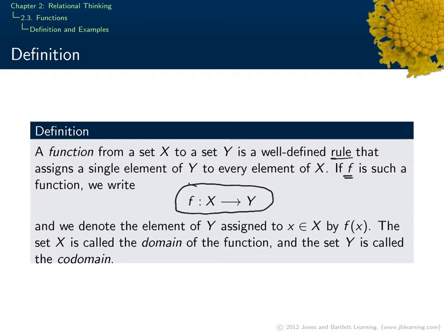Now further, if we have an element x in X, we let f of x denote the element of Y that's assigned to x. So we can think about these elements little x in the set capital X as being inputs, and the f of x objects over in capital Y as being outputs.